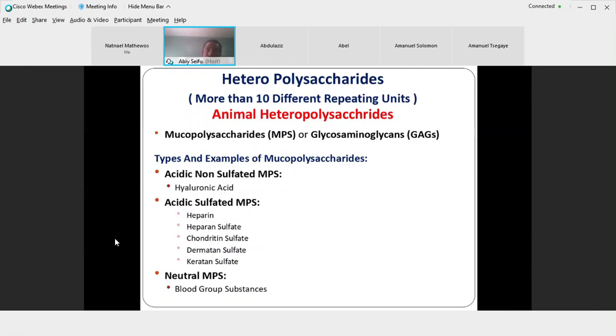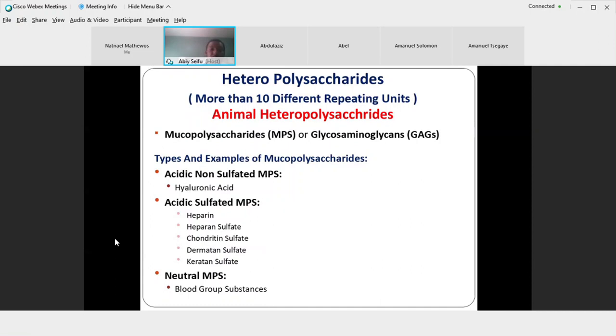Instead of OH, the OH is replaced by an amine group, which makes amino sugars. Now, this amine group again can be acetylated, or it can be sulfated. Some of them have a sulfate group added on it, some of them lack it.